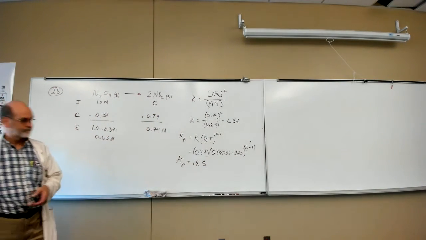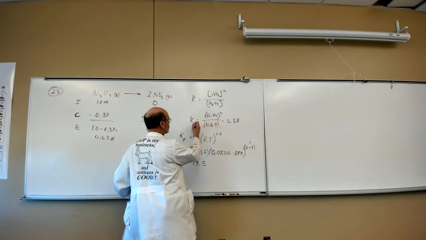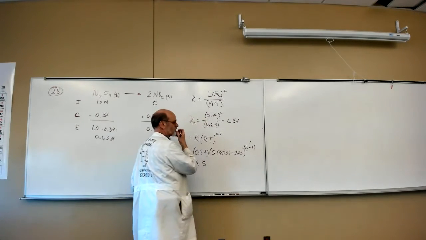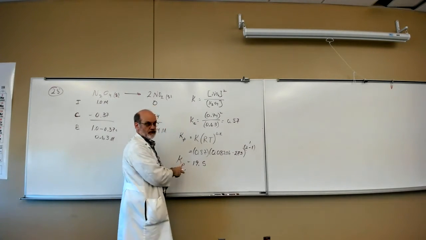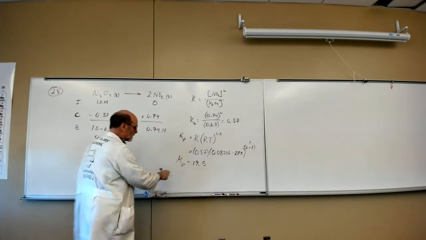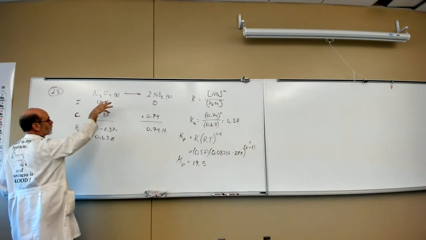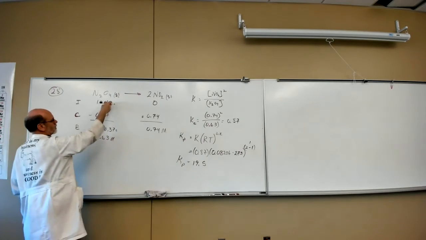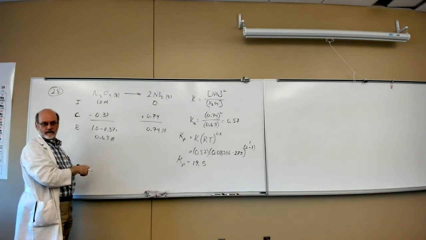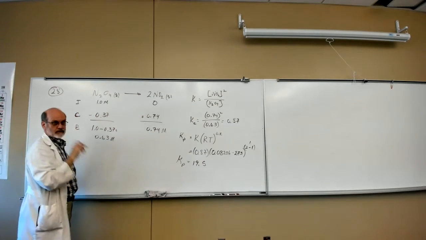We already calculated the K, so how does this KP relate to the initial K? This K is in terms of concentration, molarity. This one is in terms of partial pressure. So instead of using molarity up here, if we're given partial pressures for those values, say this were 3 atmospheres, then we could use that value to calculate what these concentrations are.